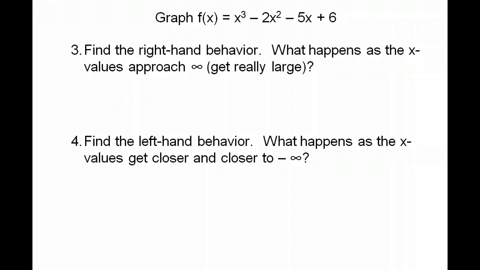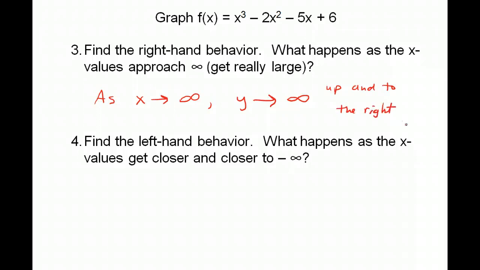So what that means is as x approaches infinity, my f of x, or you can call it y, is going to approach infinity, which means it's going to go up and to the right. My graph is going to do this on the right end of its graph.